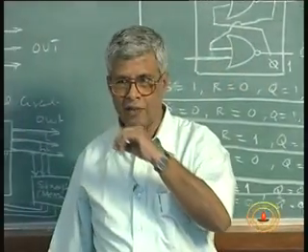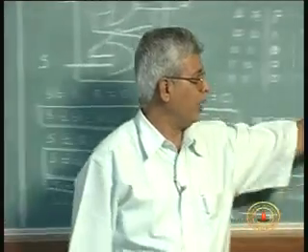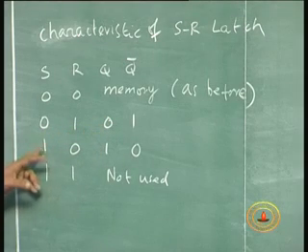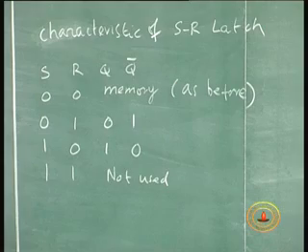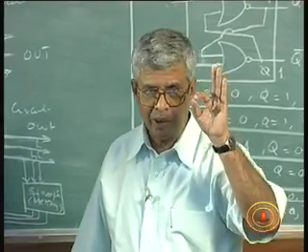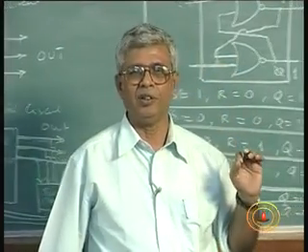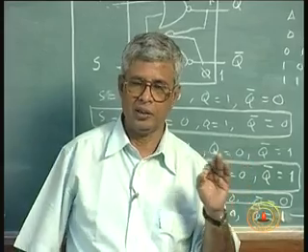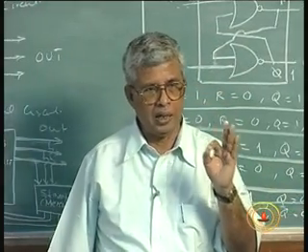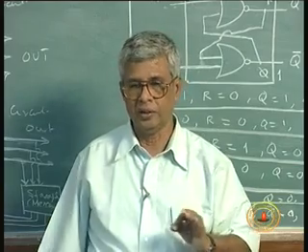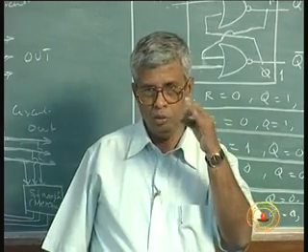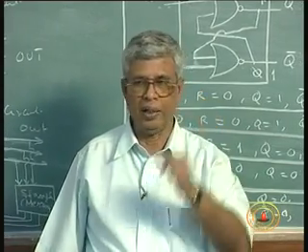When you put S equal to 1, the output gets 1. When you put R equal to 1, the output is 0. Something becoming 1 is called a set condition in digital parlance, digital vocabulary. 1 is called setting and 0 is called resetting. You make something 1, you say set it to 1.